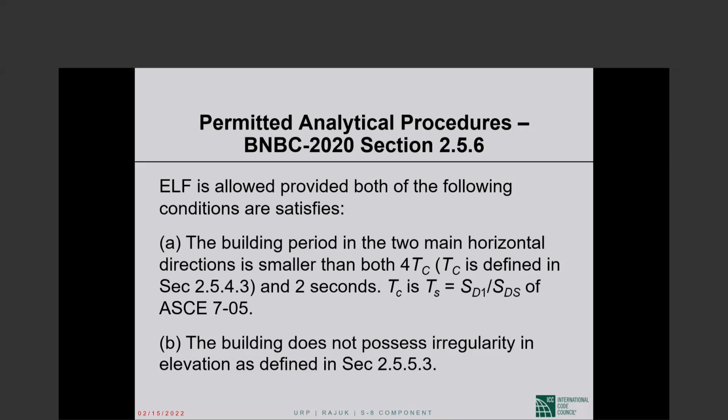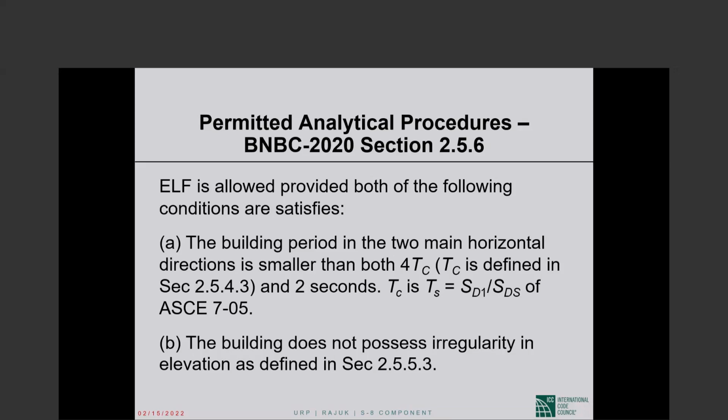T sub C is what is T sub S in ASCE 7, and that is S sub D1 over S sub DS, as discussed earlier. The value of T sub S is typically around 0.5 second. So 4 times T sub C will also give you 2 seconds, roughly speaking.